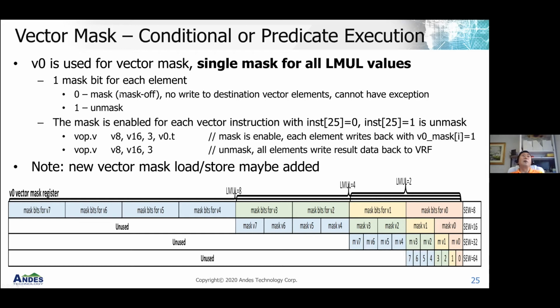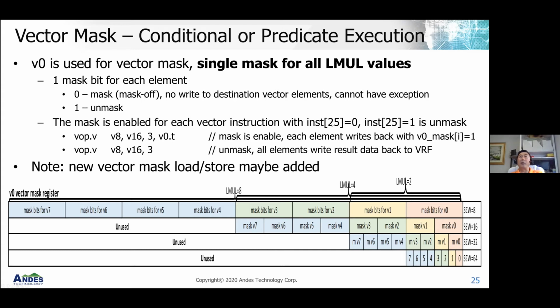And so 1 mask bit is for each element, as I said. 0 means the data is masked, and 1 means unmasked. It means that you are free to write the data back to the destination register. The mask is enabled in the vector instruction.